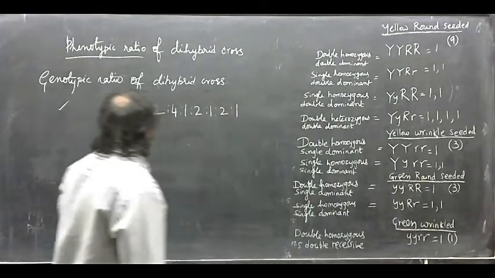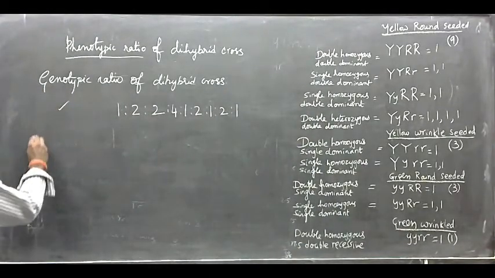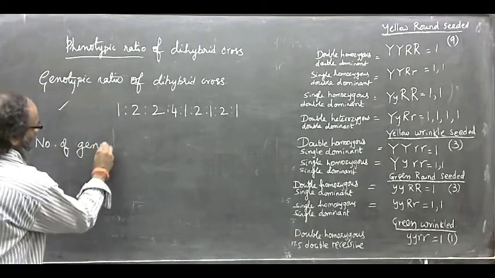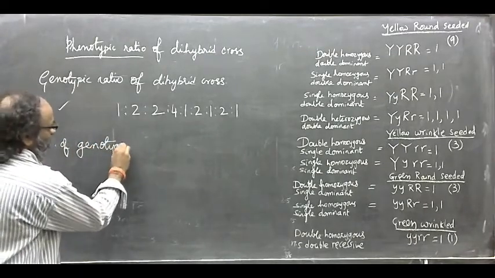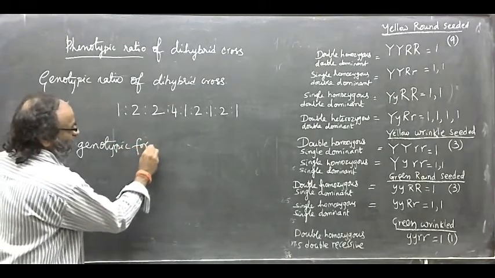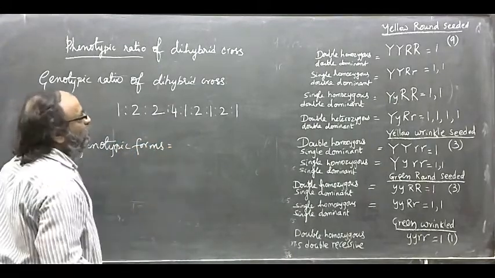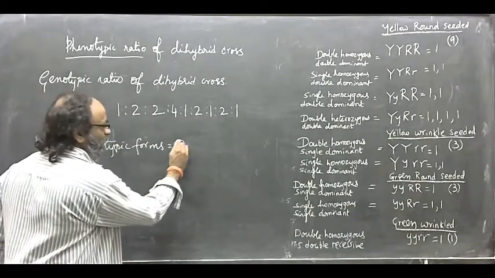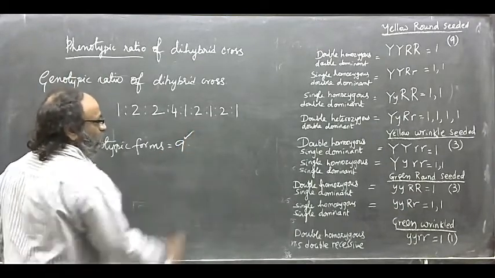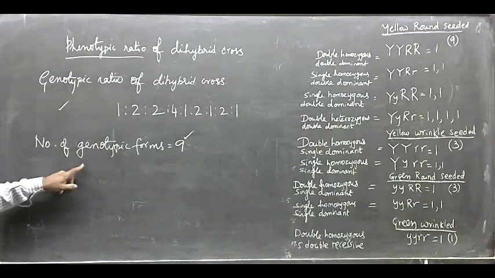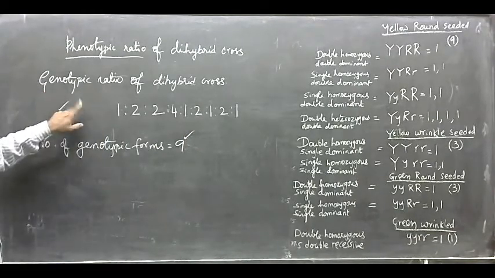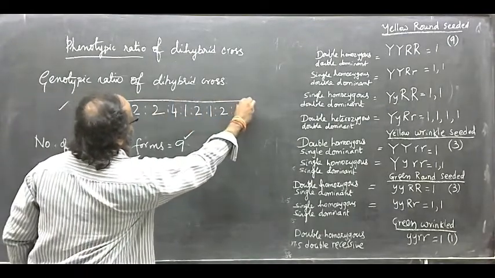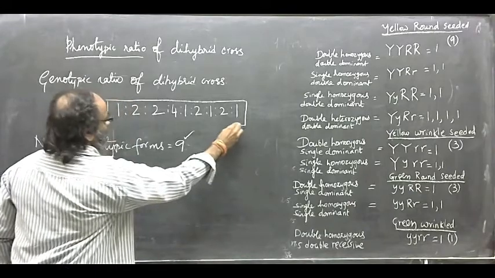So there are 9 genotypic forms. Number of genotypic forms in F2 generation of dihybrid cross means 9, and the genotypic ratio is this: 1:2:2:4:1:2:1:2:1.